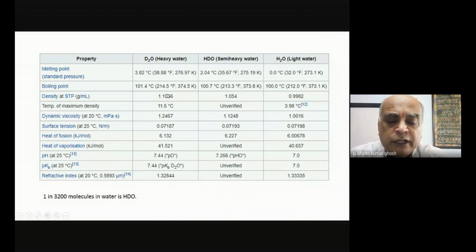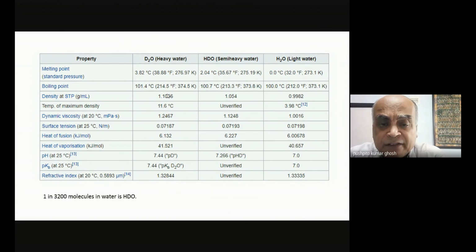Now, I told you about the Canadian reactor design, CANDU, all right? But as we said, you need deuterium for that. Now, India is one of the largest suppliers of heavy water.